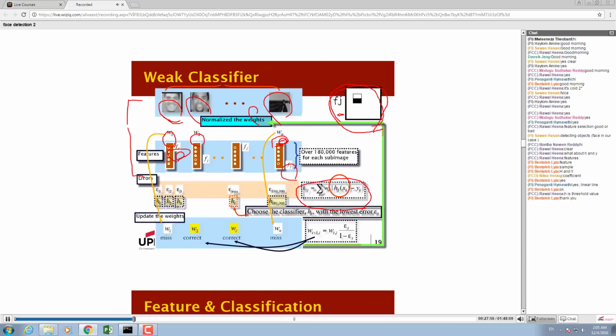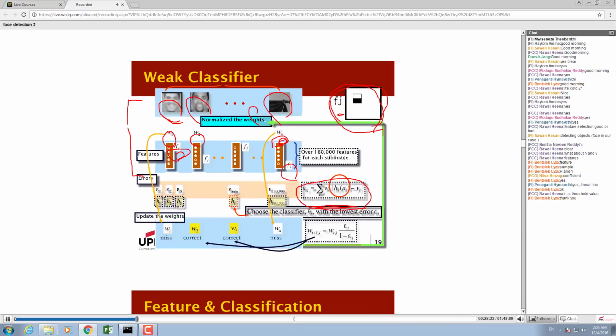Let's look at our first formula again, EJ, in the middle right part of the slide. EJ equals sigma over I, the sum of WI. So W has index I, and this sum is happening for every WI.